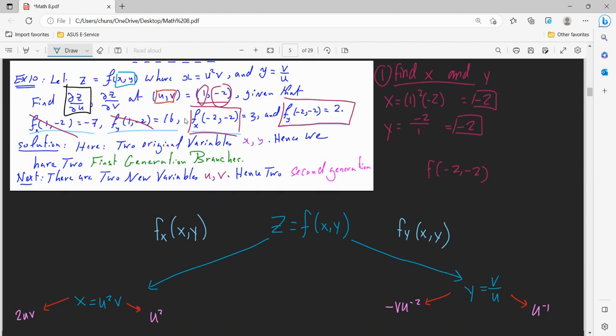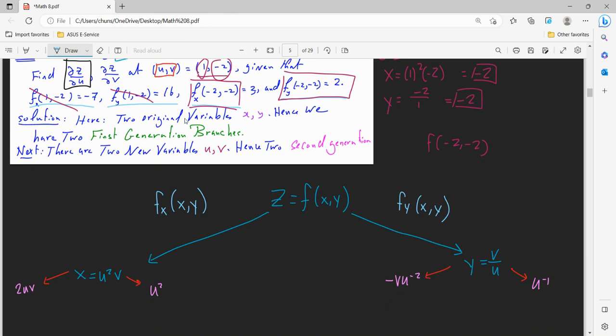So this means that we are going to be going along our branch here and then going to our u branch.